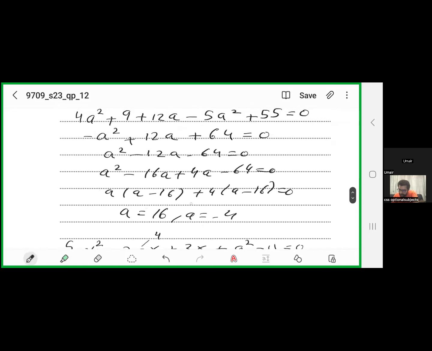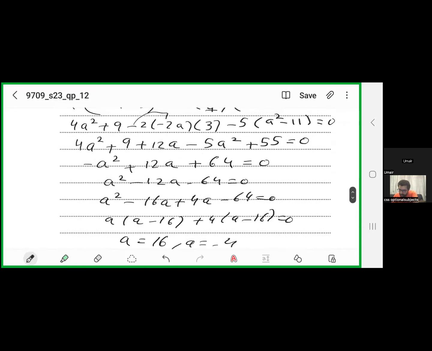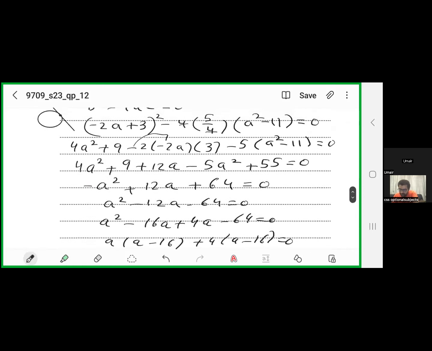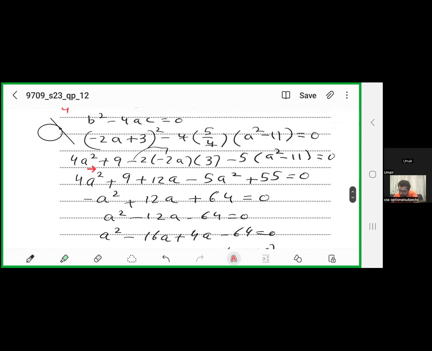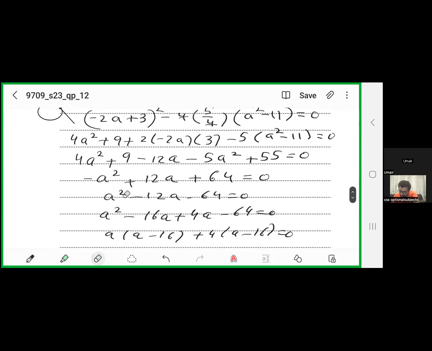A minus 16, this was 12. A square. I just need to confirm this equation again. Please give me a moment. This is 4a square plus 9 plus 12a minus 5a square plus 55 plus b square minus, oh, I have made a mistake over here. Sorry. This is plus 2ab, so this is minus.